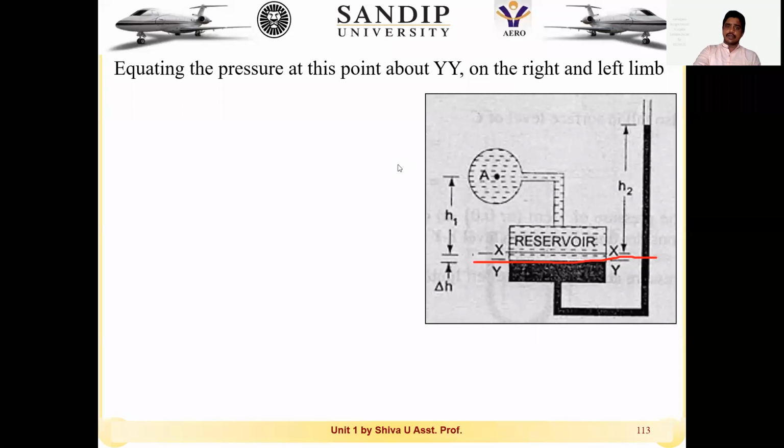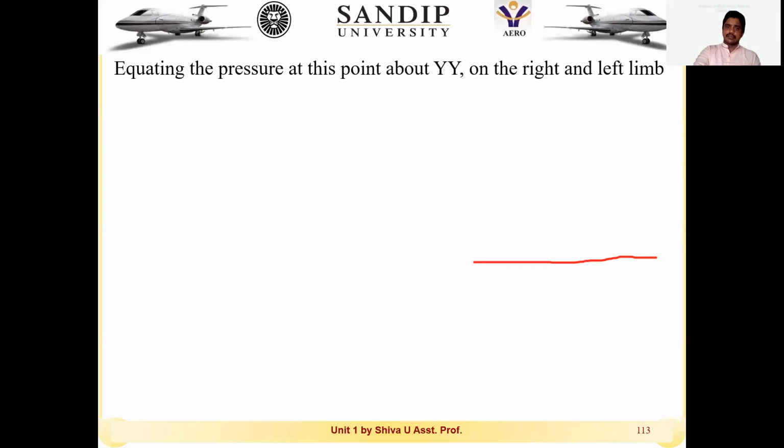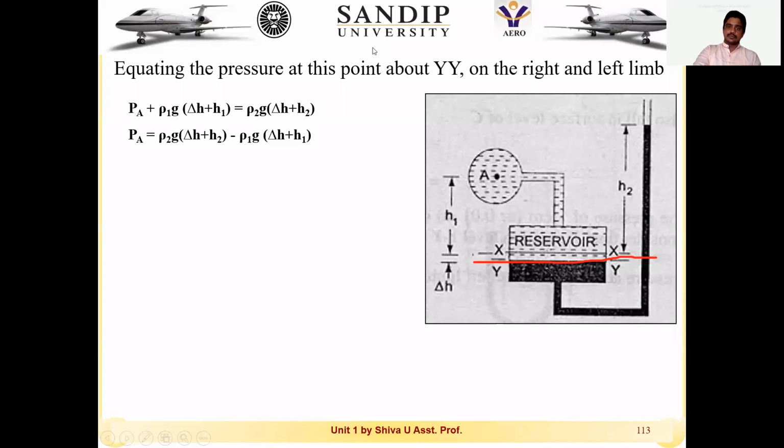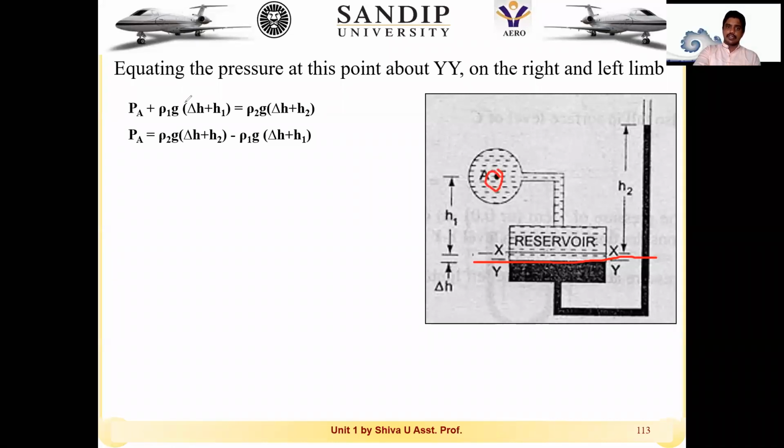So at this level, when we are balancing the fluid, what equilibrium conditions are to be applied from the right hand side to the left hand side? The pressure already available at point A is PA. On the left hand side, PA plus rho G, where rho 1 is the density of the fluid on the left hand side.